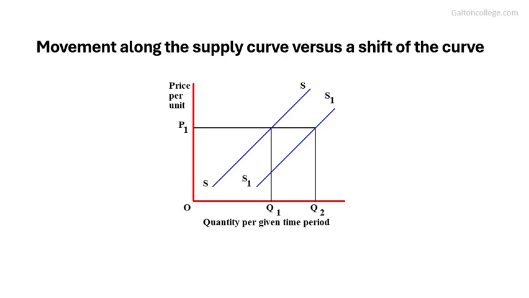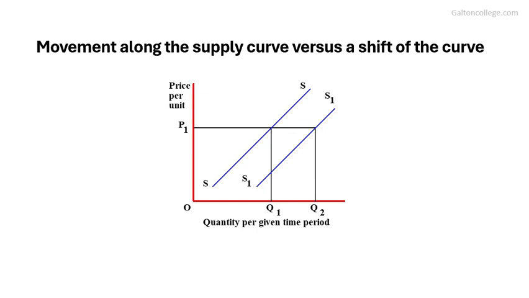Now the supply has increased. Or the supply curve could shift because workers are becoming better trained by education institutions, and there are better training programs, so the workers are more productive. So the supply has shifted again to S1. And that's how we get a shift of the curve.